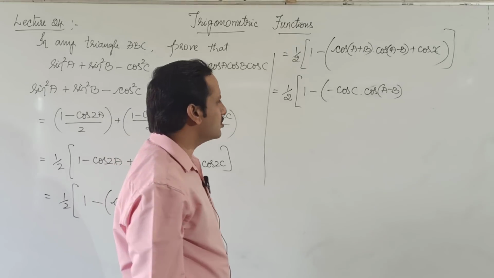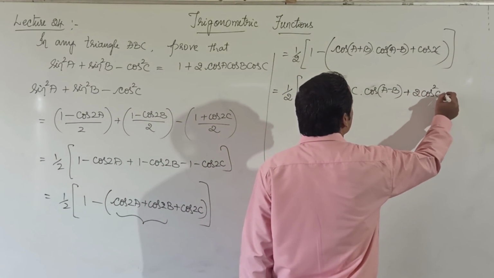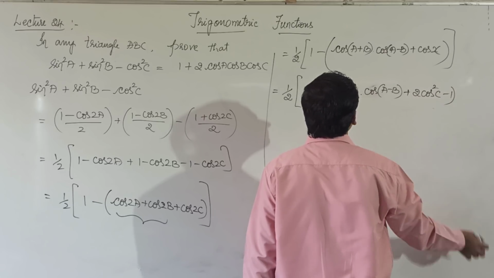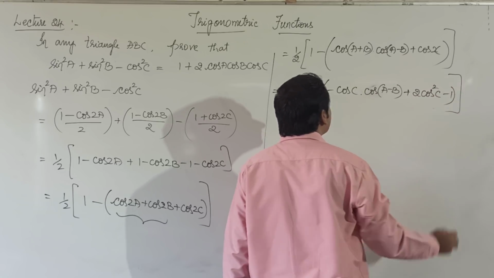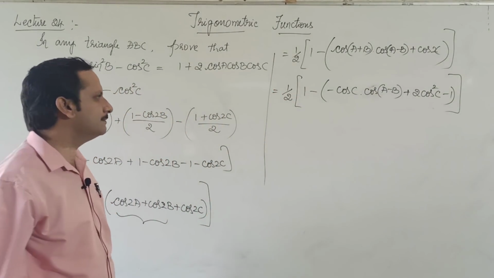I'll write cos 2C as 2 cos square C minus 1.